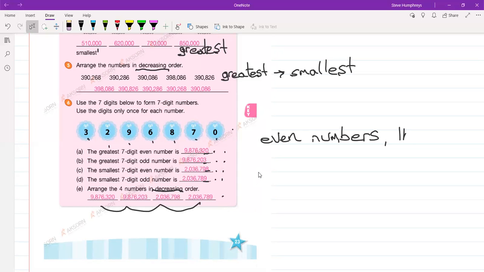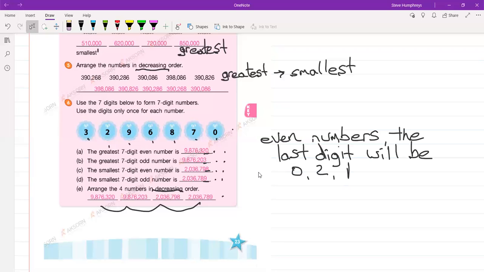The last digit will be 0, 2, 4, 6, or 8.